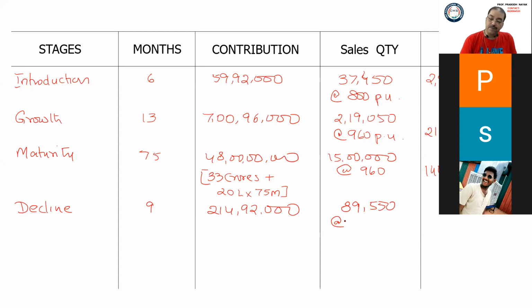Total 89,550 units. What is the price in the decline stage? 880.